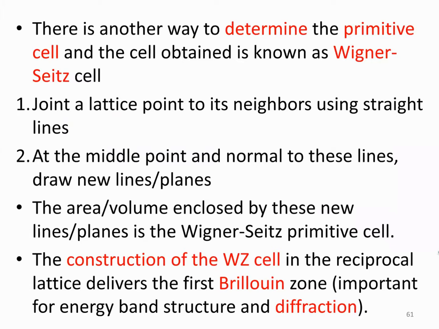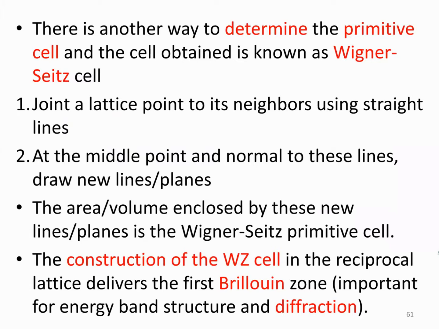So there's another way to determine the primitive cell, and the cell obtained we call a Wigner-Seitz cell. So how to draw the Wigner-Seitz cell? These are the procedures. First, you need to join all the lattice points to its neighbors using a straight line. Secondly, at the midpoint and normal to this line, you have to draw a new line, or new plane in 3D.